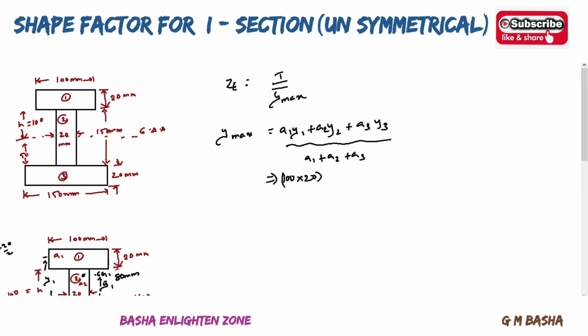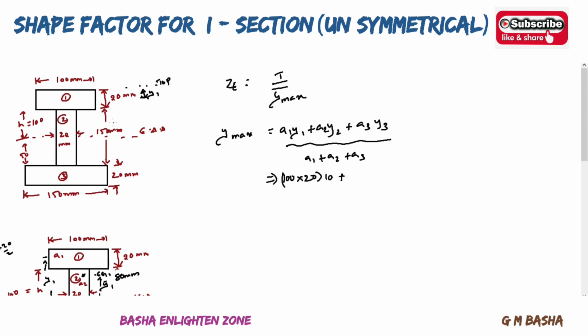We are resolving the moments to the top. Remember that also: I am taking the distance each and every time to the top only, for finding y max. So what is y1? y1 means the first part's distance by 2 to the top, 20 by 2, which is 10, plus a2 y2.